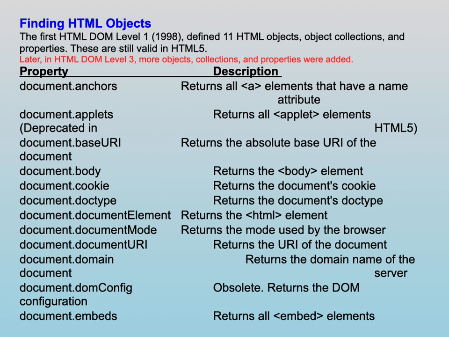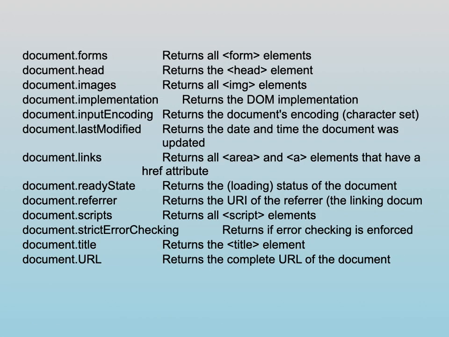Some more properties are there. Document.forms retains all form elements. Document.head retains the head element. Document.images retains all img or image elements. Document.implementation retains the DOM implementation. Document.inputEncoding retains the document's encoding or character set. Document.lastModified retains the date and time the document was last updated.